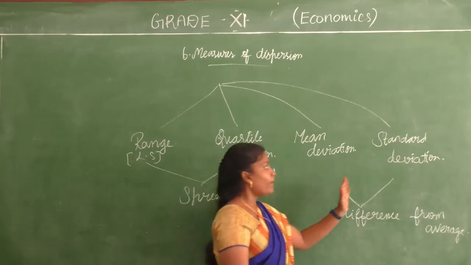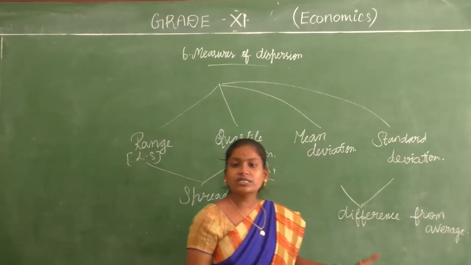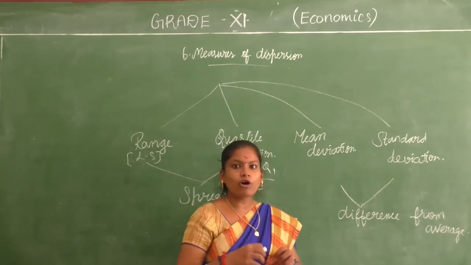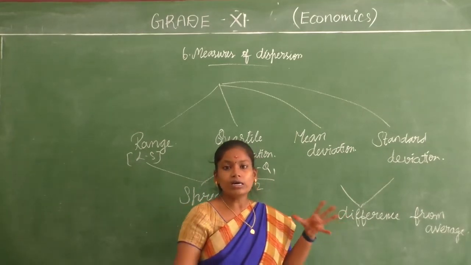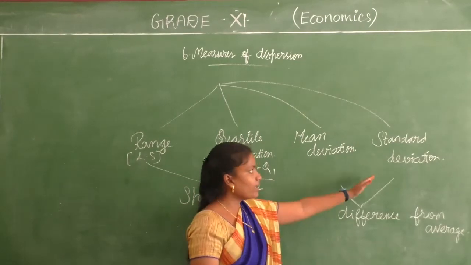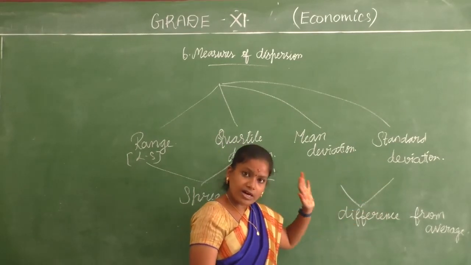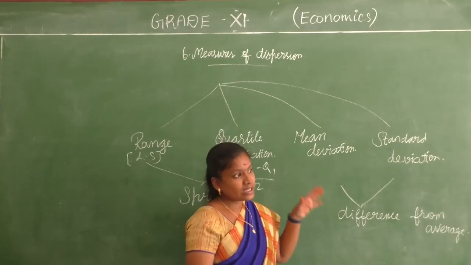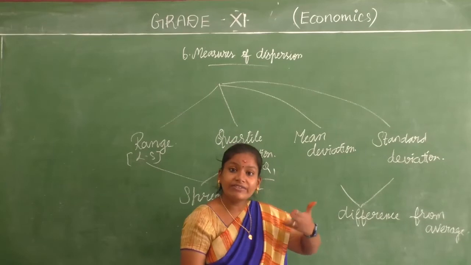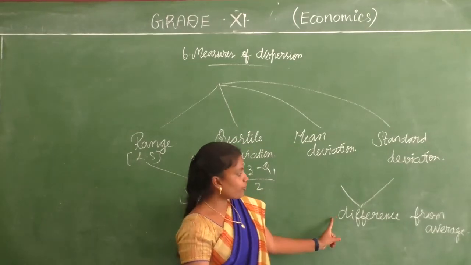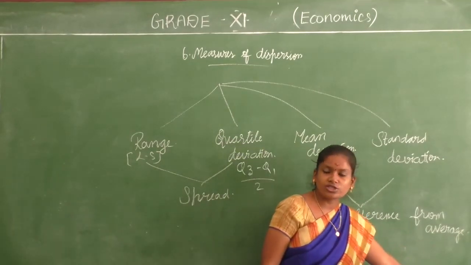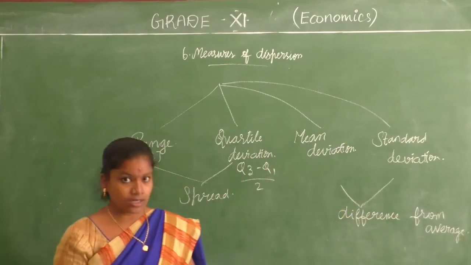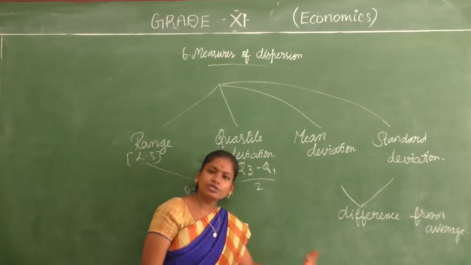Now what is it about the standard deviation? Standard deviation is where we have the positive square root of the squared deviations from the mean. In standard deviation the first step is to find the arithmetic mean. Then we need to find the deviations, to find the difference from the average. Right children, you deduct the arithmetic mean from the original values.